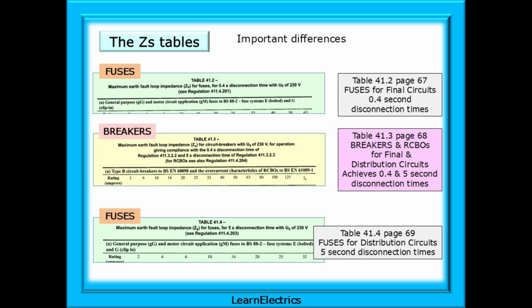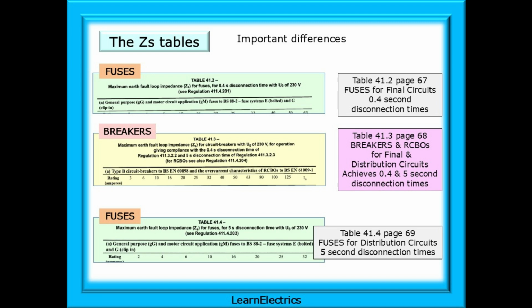The tables are laid out with fuses on one page, breakers on the next, and then back to fuses on the third page. Table 41.2 on page 67 is for fuses for final circuits with a 0.4 second disconnection time.